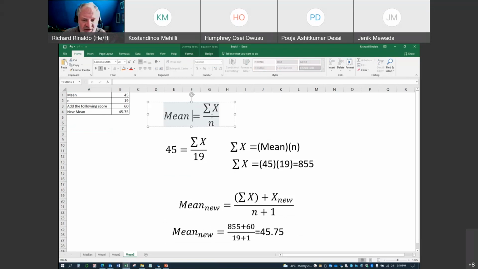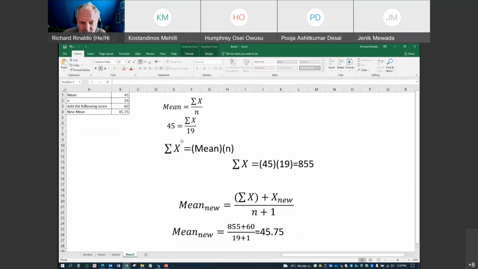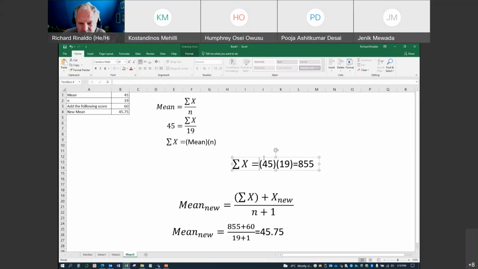I'm just walking through the logic. So we know the mean is equal to this. So these are the steps that you walk through.